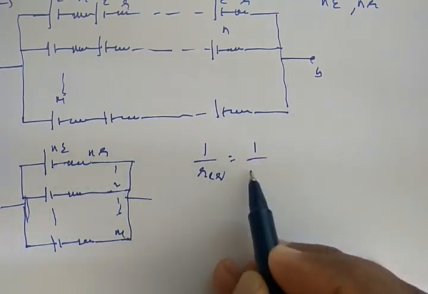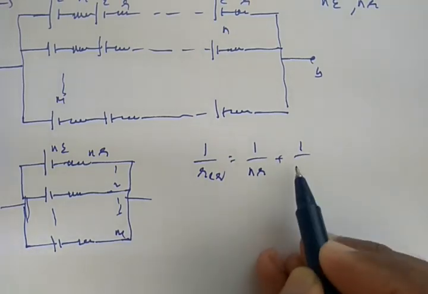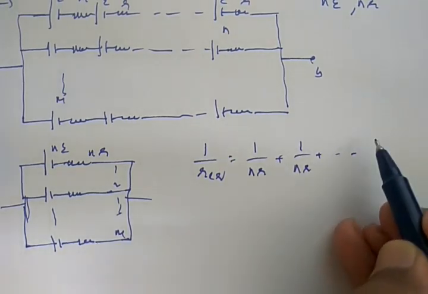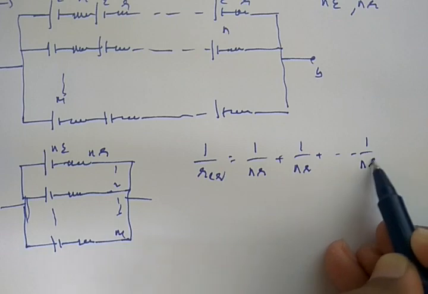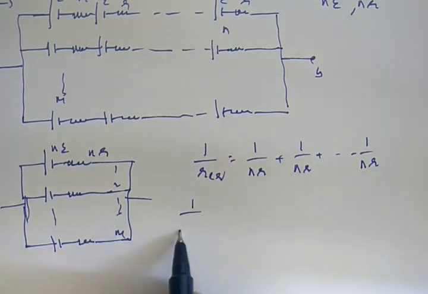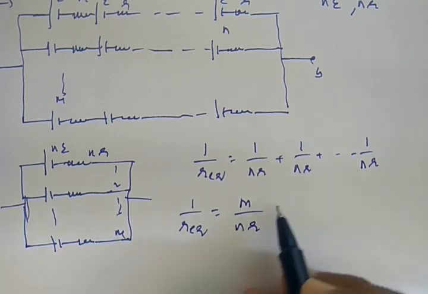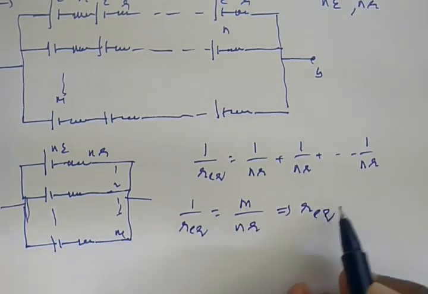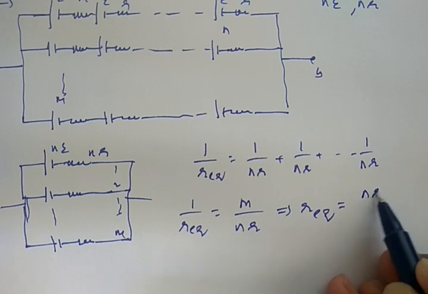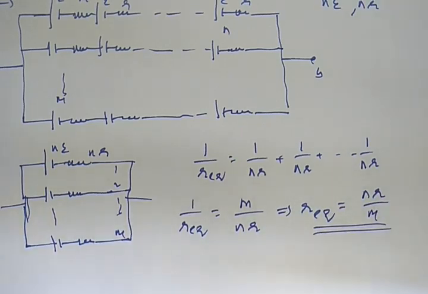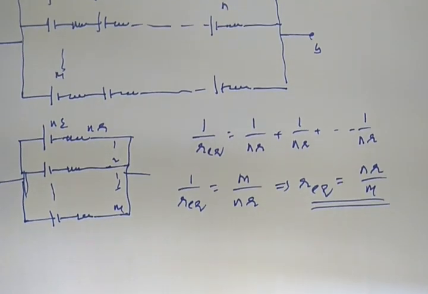So 1 by R1 is nr, plus 1 by R2 is again nr and so on. How many are there? Total m cells. So 1 by R equivalent equals m by nr. That implies R equivalent equals nr by m. This is the equivalent resistance of the battery.